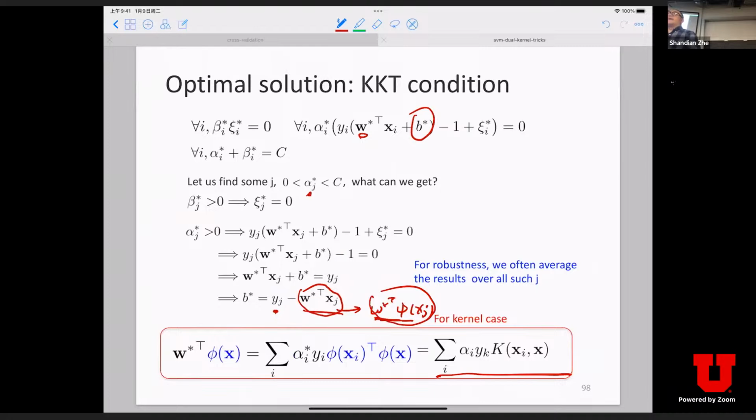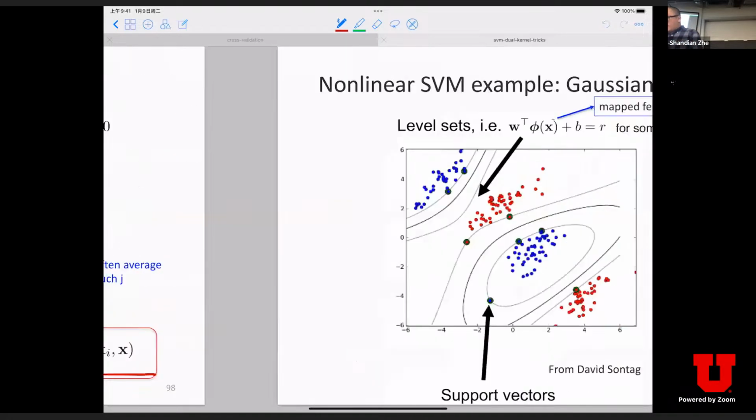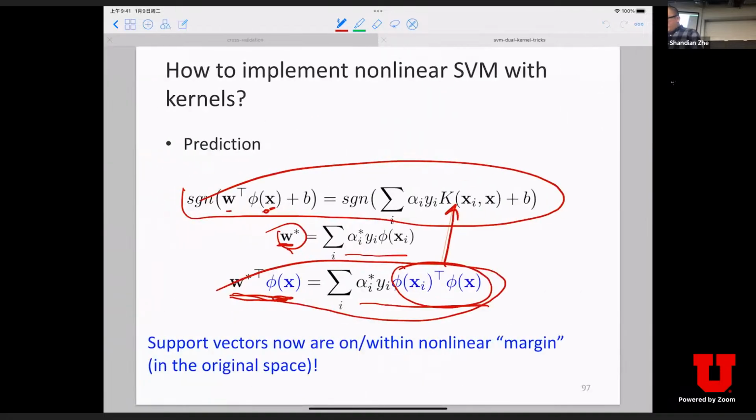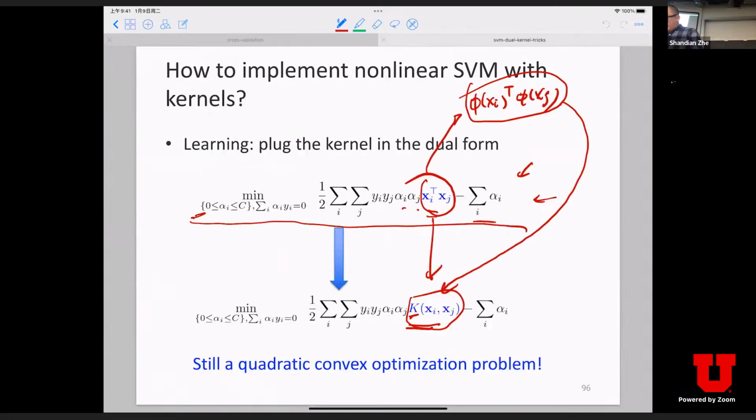So now we have formed a closed loop. We found a way to optimize our nonlinear SVM in the dual space. Nothing is changed except that you replace the dot product by the kernel function in the objective function.